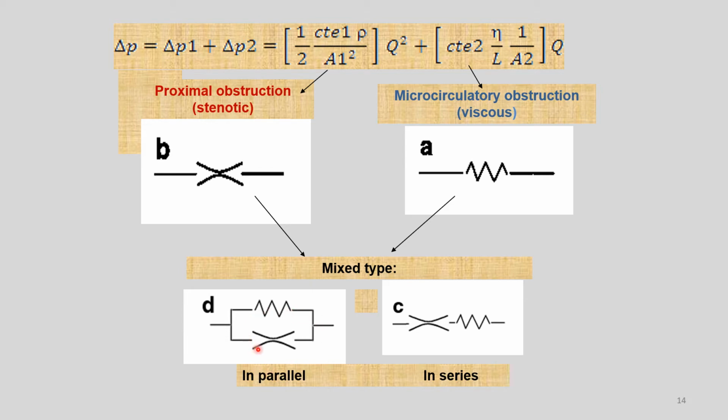And you can assemble those two types of resistors in parallel, meaning that the flow can pass through either one, so these resistors are competing for the partial flows. Or they can be in series, which means that one resistor is affecting the performance of the other as you have a decrease of energy as it goes through.